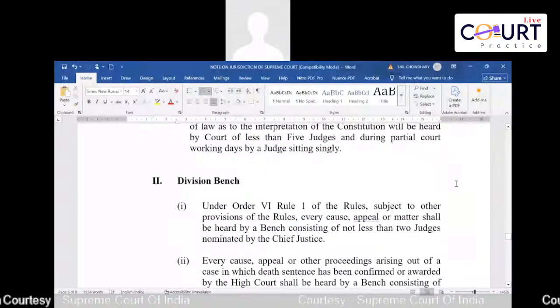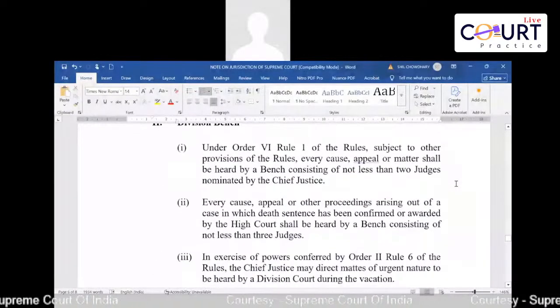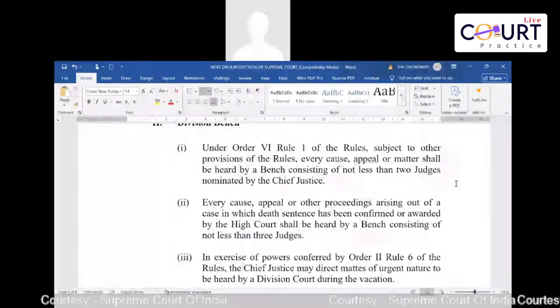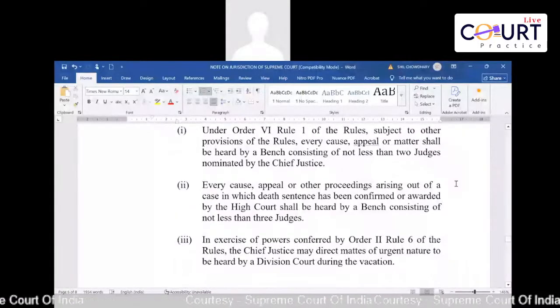Then, what are division benches? Under Order 6, Rule 1, subject to other provisions of the rules, every cause, appeal shall be heard by a bench consisting of not less than 2 judges. So, as we normally see on an admission day, there are benches of 2 judges. Then every cause, appeal or other proceedings arising out of the case in which a death sentence has been confirmed or awarded by a high court shall be heard by a bench consisting of not less than 3 judges.